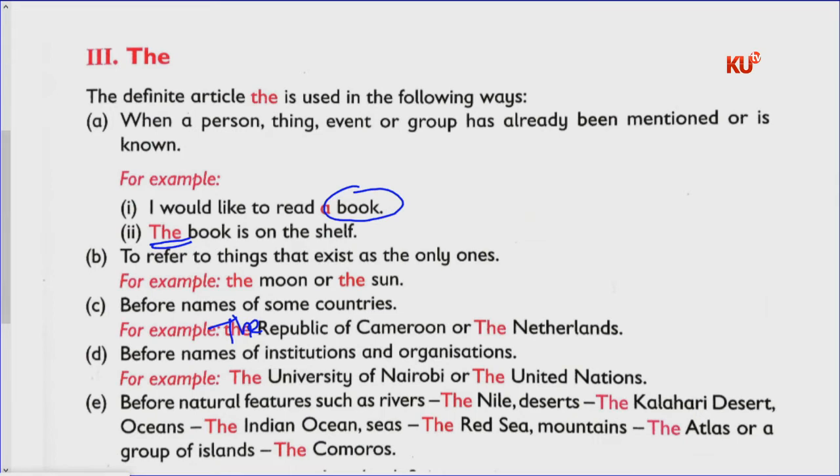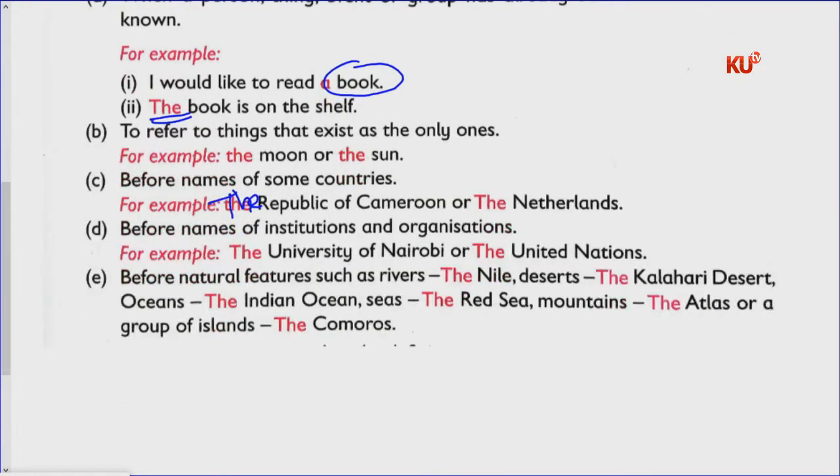Before natural features such as rivers: the River Nile, the Lake Victoria, the Kalahari, the Indian Ocean, the Red Sea, the Atlas, or the group of islands, the Comoros, for example. Right? So that is how "the" is used.